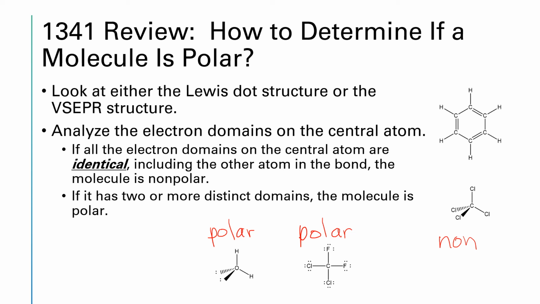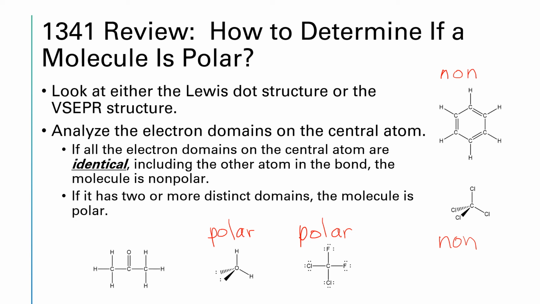We treat the bond between any 2 of the same atoms as being completely nonpolar, so all of the carbon-carbon bonds in this ring are nonpolar. And then carbon-hydrogen is the only bond between 2 different nonmetals that we consider to be nonpolar. So this molecule has absolutely no polar bonds, and so overall this is going to be a nonpolar molecule.